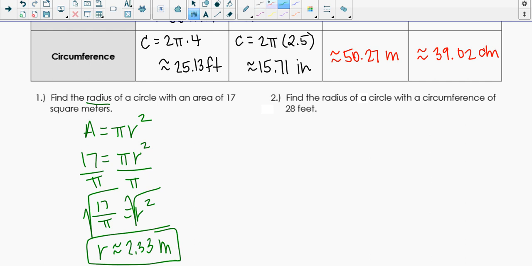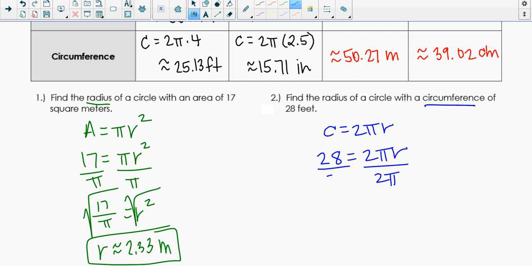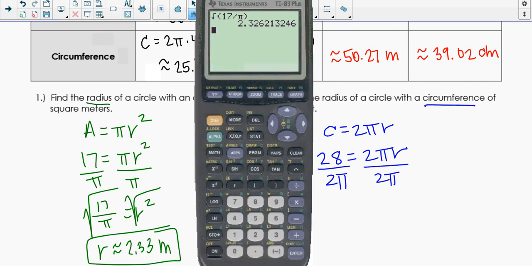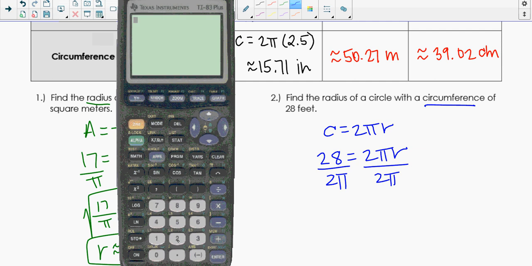Now for number 2, it's the same idea, but now we have circumference. So circumference is 2 pi r, and I'll show you where everybody makes the same mistake. Circumference is 28 in this case, and we have 2 pi r. So it's 2 times pi times r, so I'm going to divide by 2 pi. If you put this in your calculator with no parentheses, you're going to get the wrong answer. So what you need to do is tell your calculator you're doing 28 divided by parentheses 2 pi, like that.